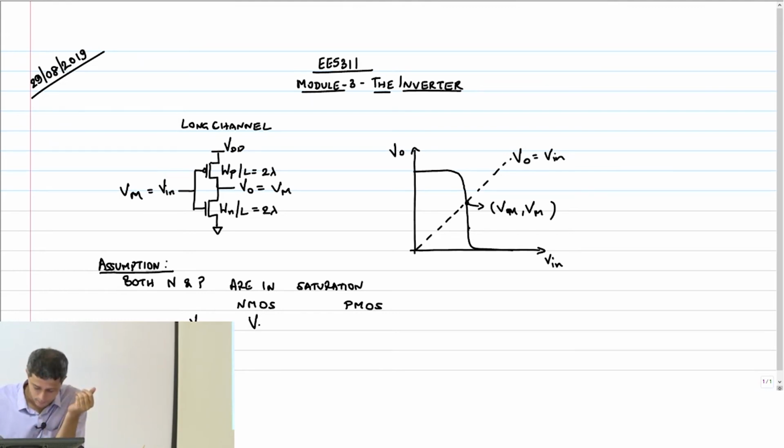Vm. VDS? VDS is Vout, but in this case Vout equal to Vin equal to Vm. This also is Vm. For the PMOS, Vm minus Vdd.